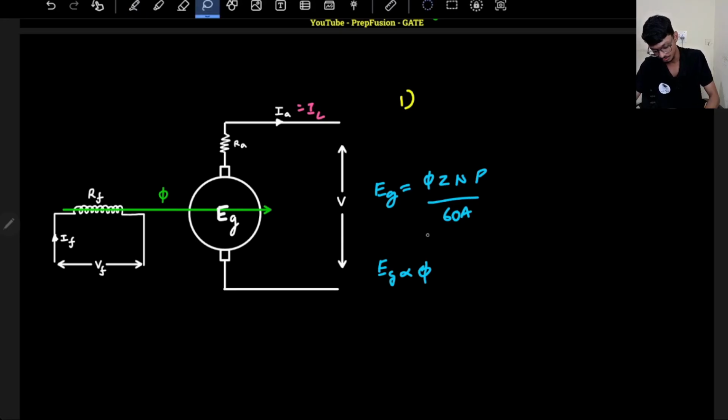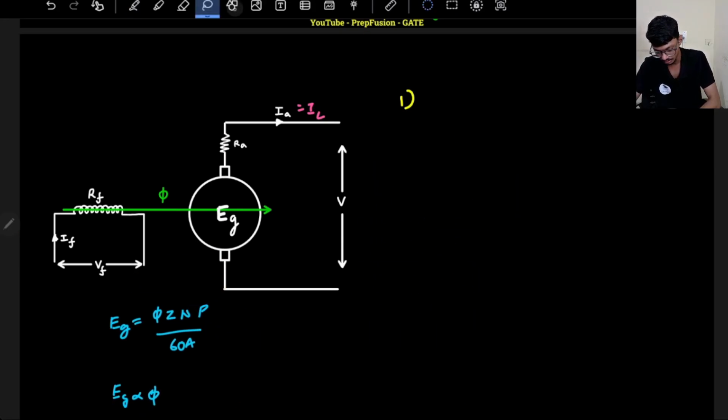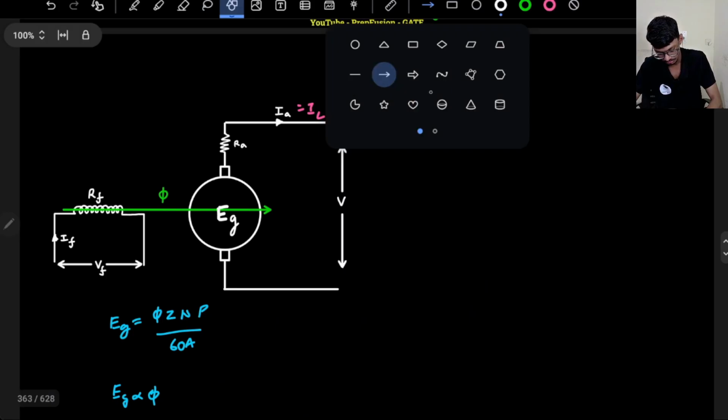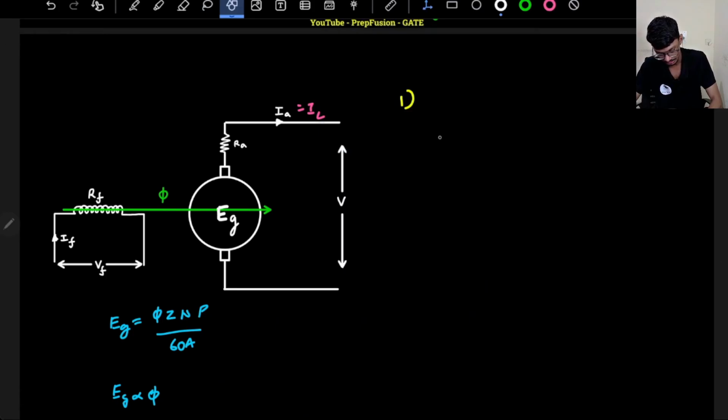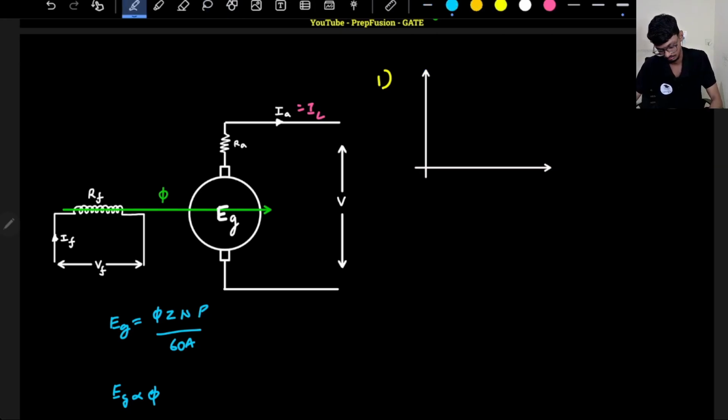So if EG is proportional to phi, if I draw my magnetization characteristics, my IF is varying and this is my EG.